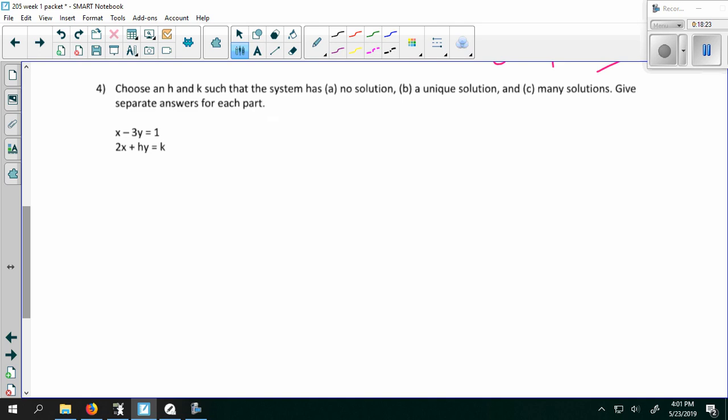Okay, one more. Choose an h and a k such that the system has no solution, a unique solution, and many solutions. Separate answers for each part. Okay, so translate this to a matrix, and I have 1, 2, -3, h, and 1, k.